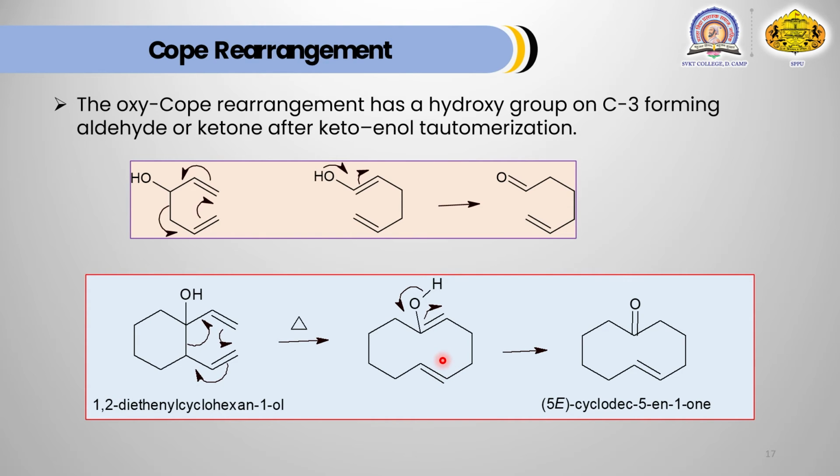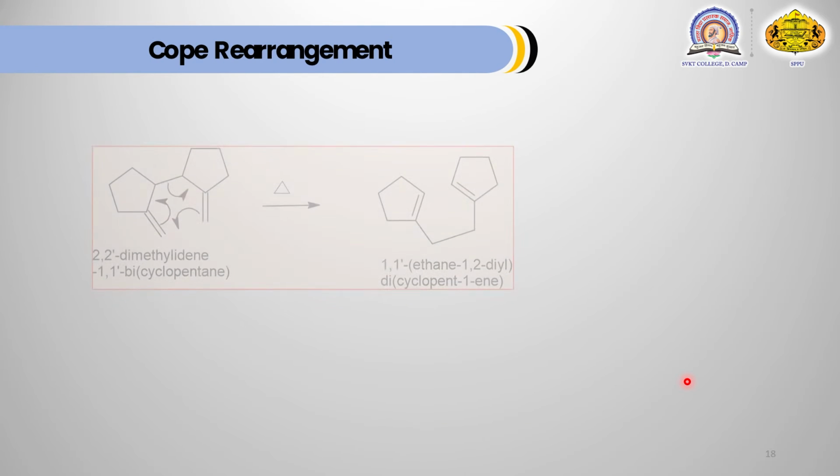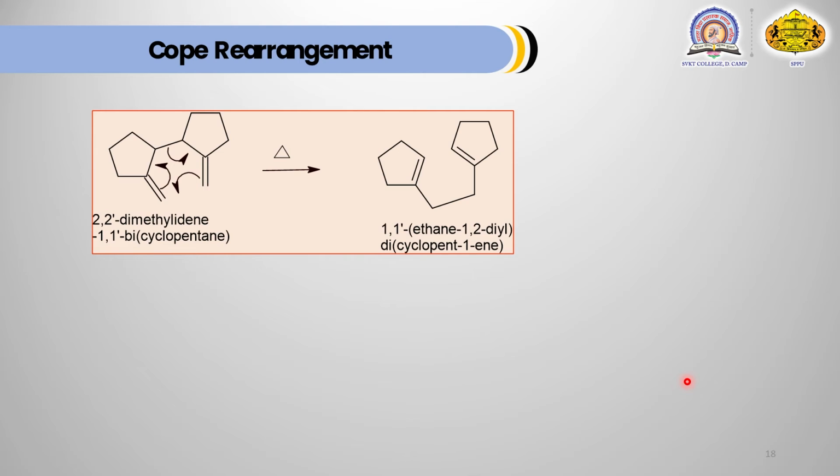There is formation of this intermediate product. Then this undergoes tautomerization, and there is formation of a ketone as the product. In the earlier case, we have seen an aldehyde as a product, and in this case, a ketone is obtained as a product.